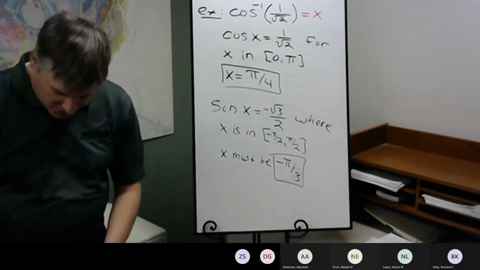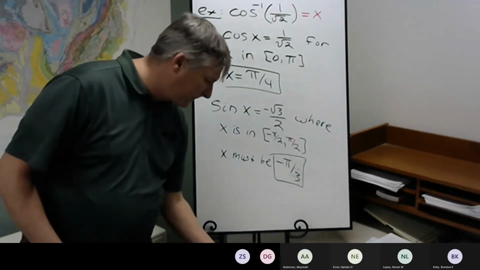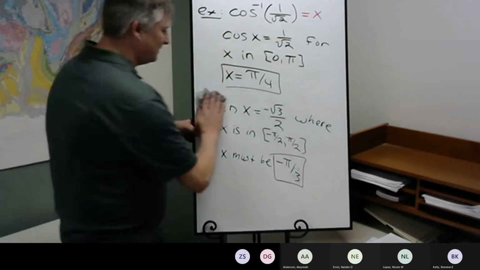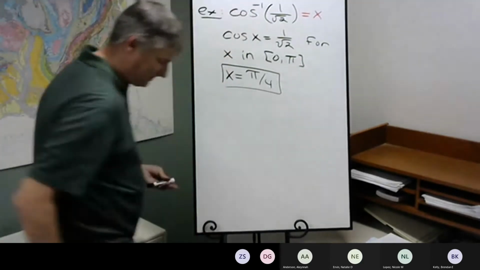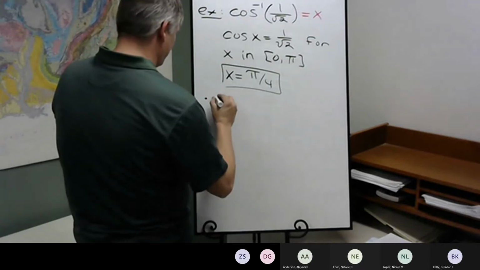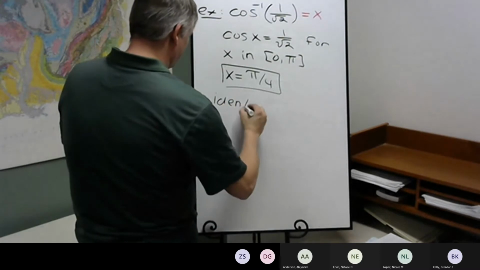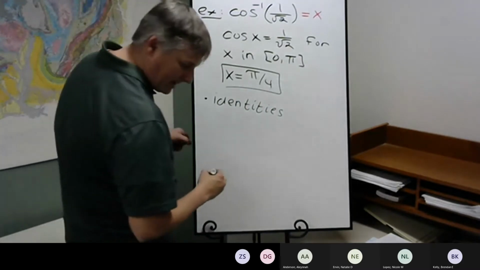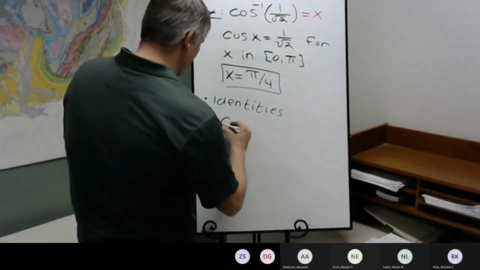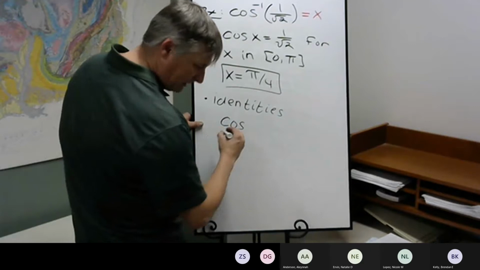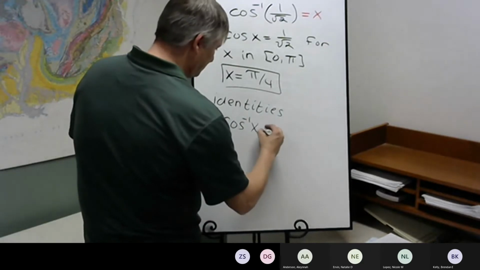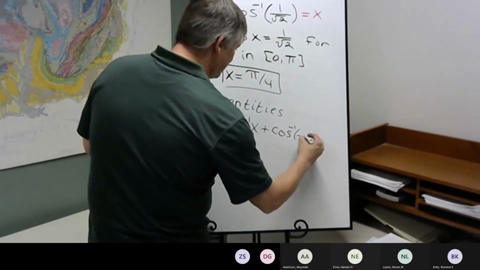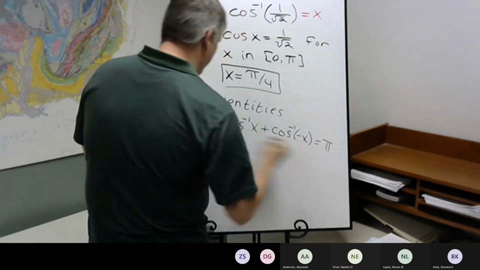The only thing I'll mention, there are some identities here, and I'm just going to point them out. You have the cosine inverse of x plus the cosine inverse of negative x equals pi.